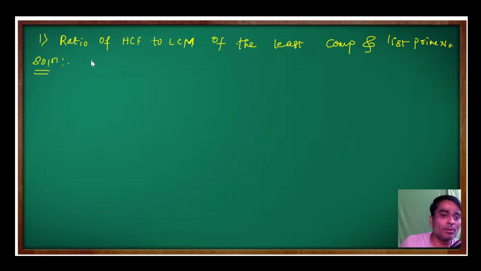So which is the least composite number? Least composite and least prime. Least prime everyone knows is 2, because prime numbers start with 2 only. Then the least composite number is 4.